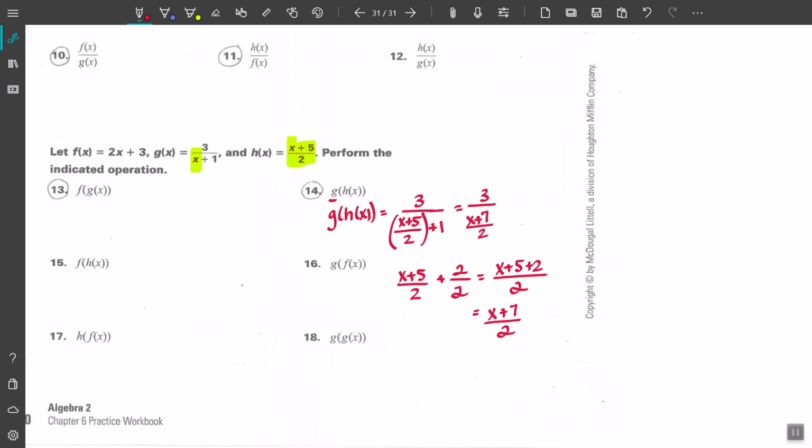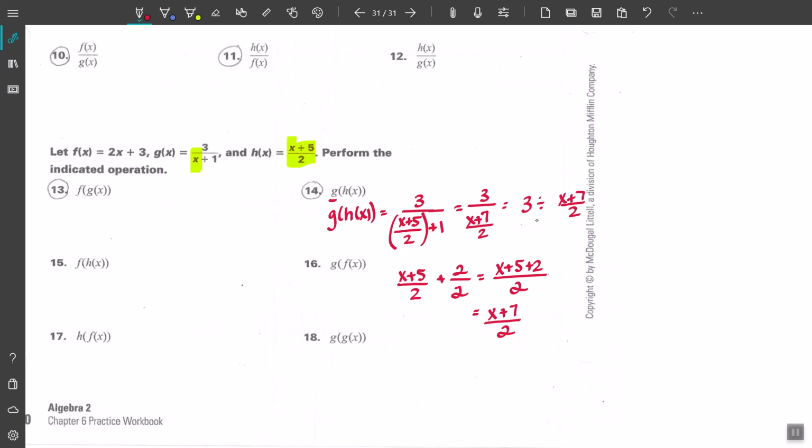So that probably doesn't look a whole lot better until you think about what is really going on here. If we go way back, you've been doing this for a long time: 3 divided by (x + 7)/2. That's what really is happening right here. If we put it out horizontally, it's a little bit easier to see.